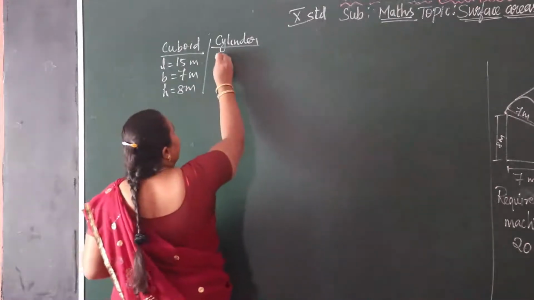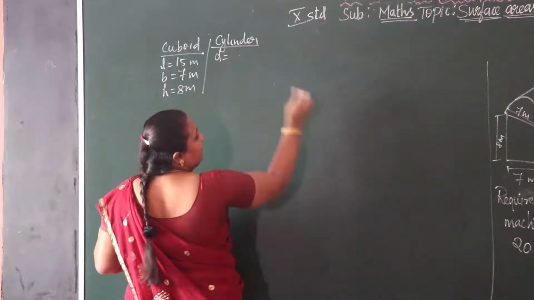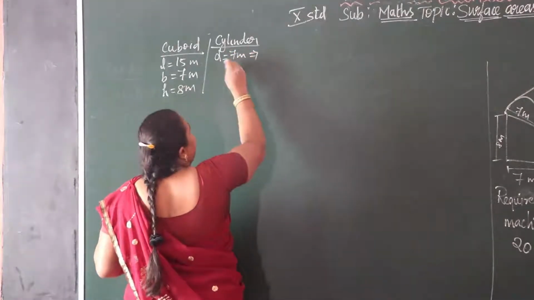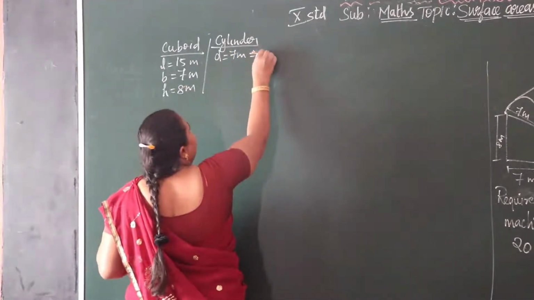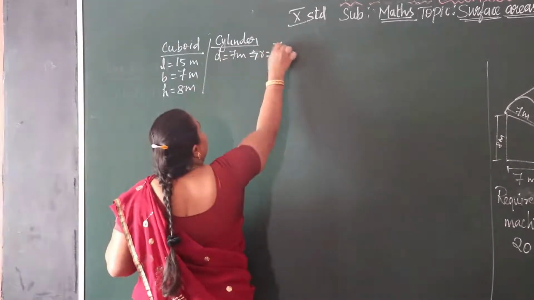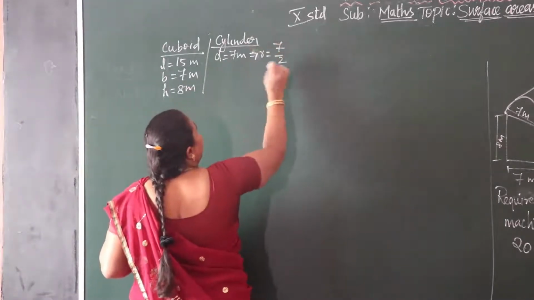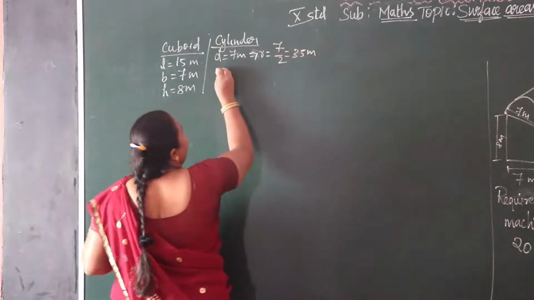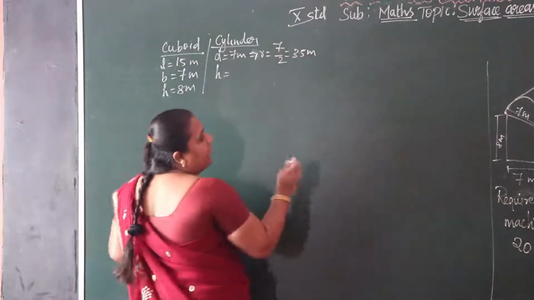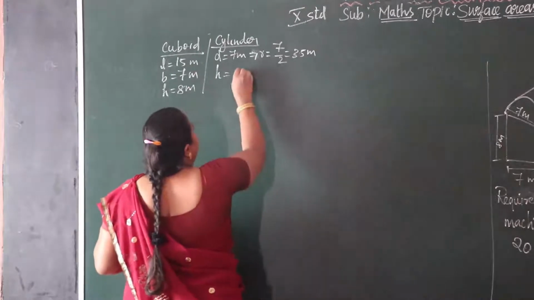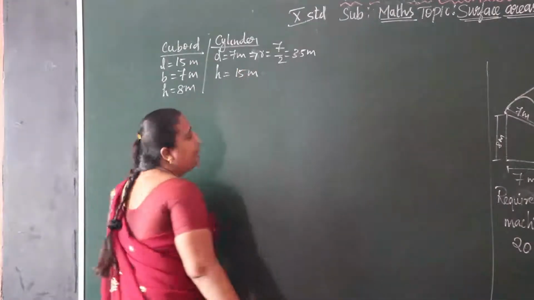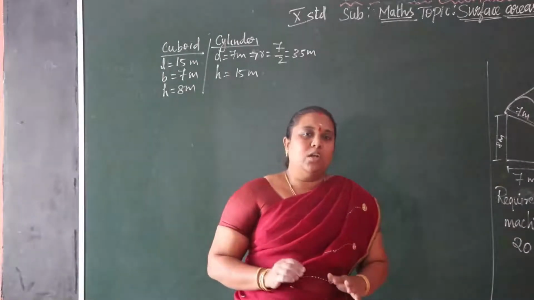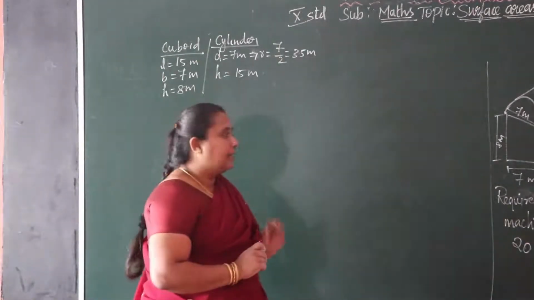So radius we don't know, but the diameter is 7 meter. So radius r equals diameter by 2, 7 by 2, that is 3.5 meter. Then the height is 15 meter. So then we want to find out the required volume of air in the shed.